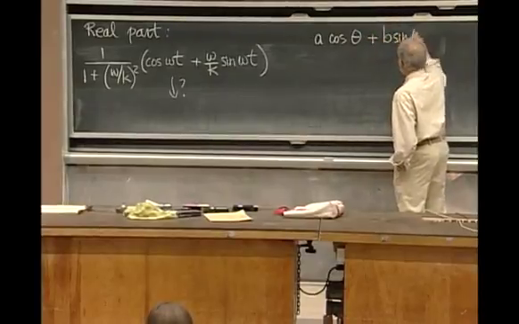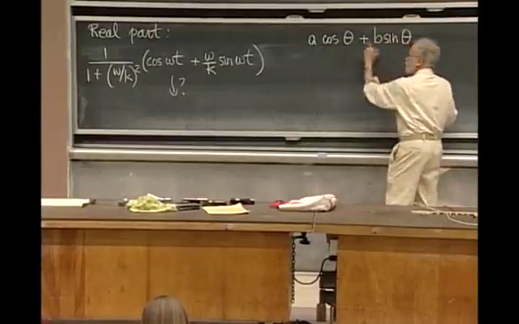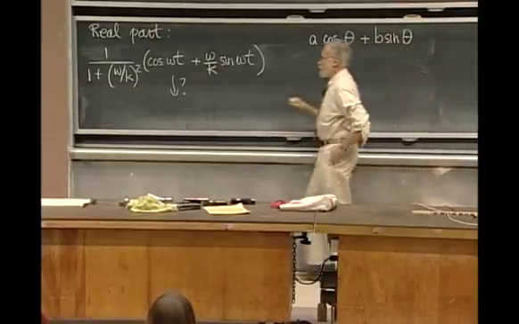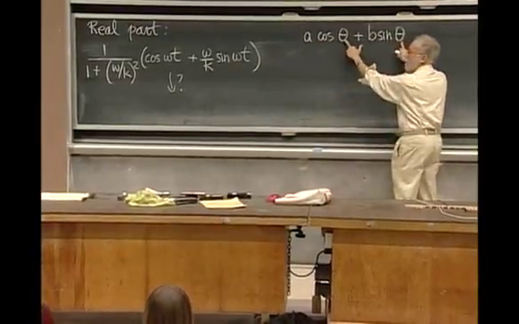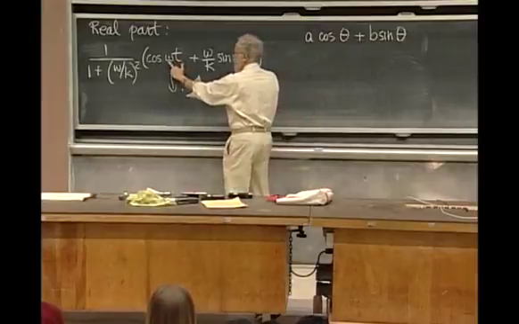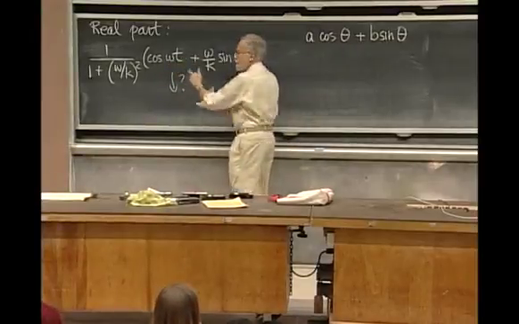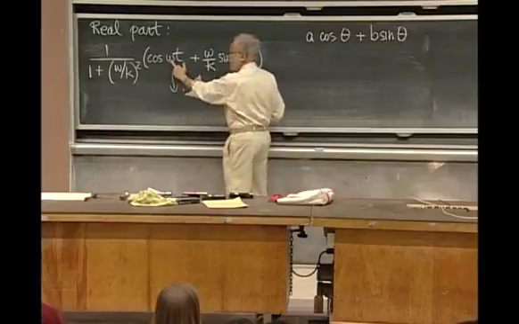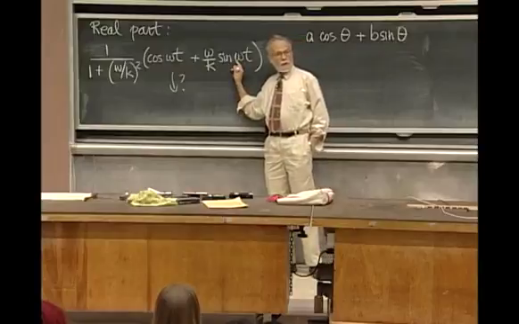So the problem is you have something which is a combination with real coefficients of cosine and sine, and the important thing is that these numbers be the same. In practice, that means you're not allowed to have omega 1 t here and some other frequency, omega 2 t, here.